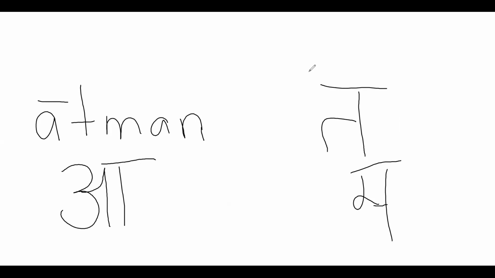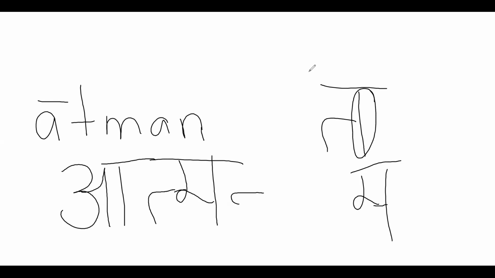So I'm gonna take my ta, and I'm gonna take this line here off, which makes the A sound, right? And now I'm gonna blend it into my ma. Atma, atma, right? So I've got the first part of the T, the ma, and now my N, which is a normal N, and I'm gonna take the A off of it.